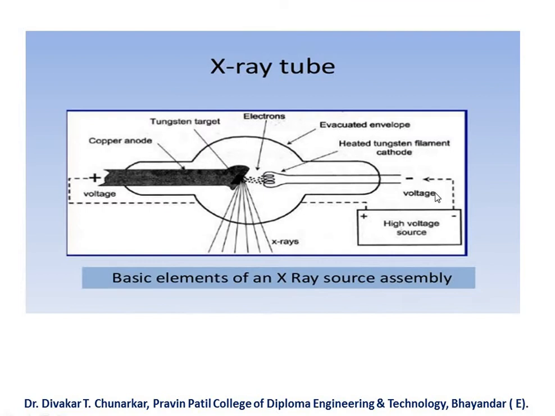This is the X-ray tube diagram. X-ray was discovered by this scientist, Roentgen, who was performing an experiment to investigate the properties of cathode rays.